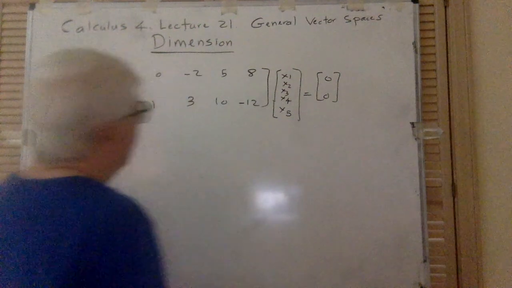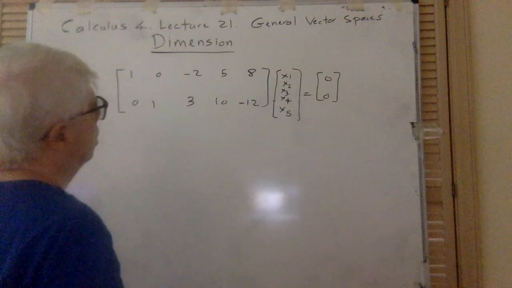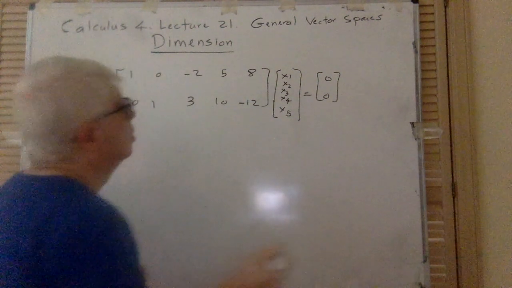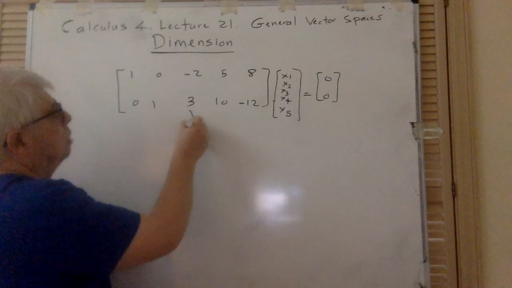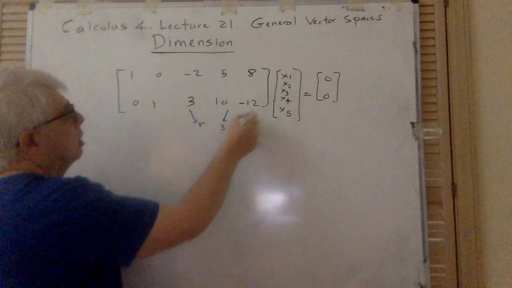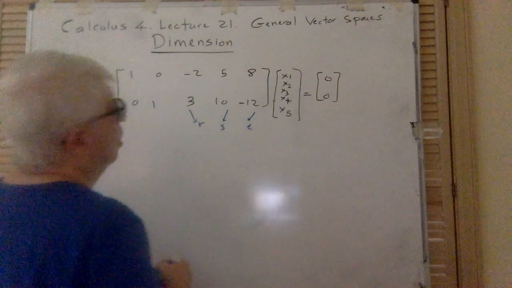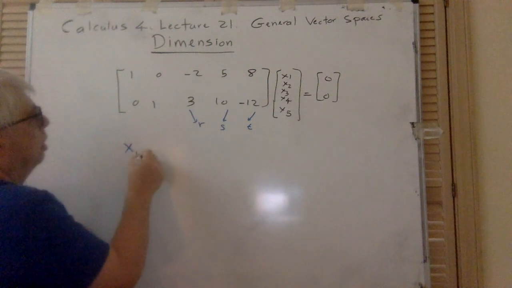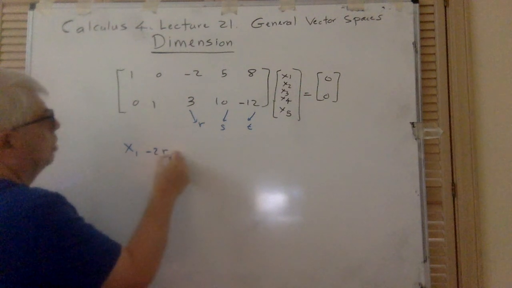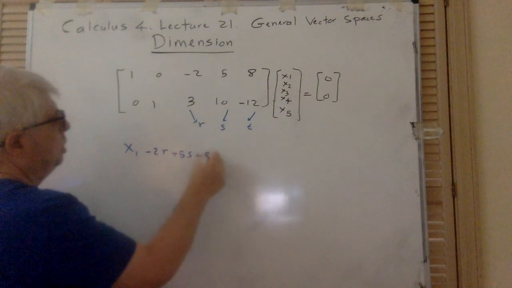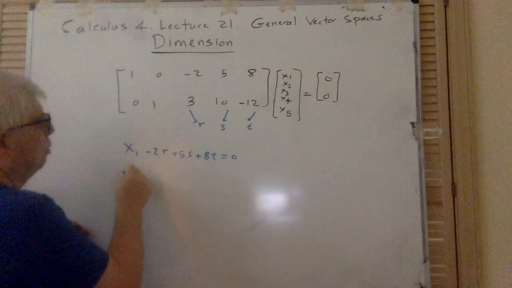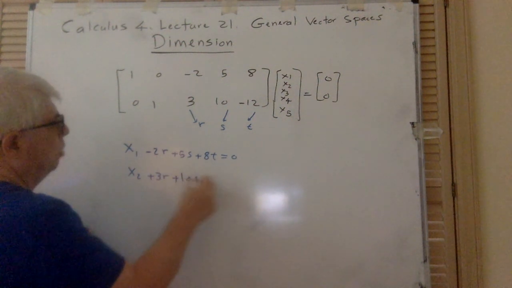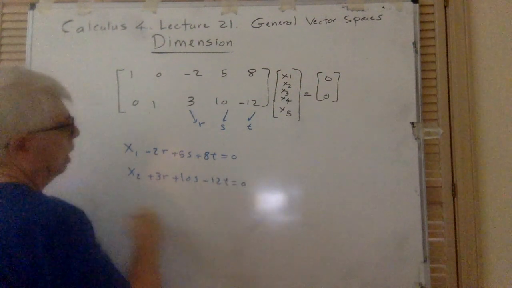Okay, so what are the options for parameters? So parameters will be r, s, and t. So x1 minus 2r plus 5s plus 8t is 0, and the second one will be x2 plus 3r plus 10s minus 12t is 0.